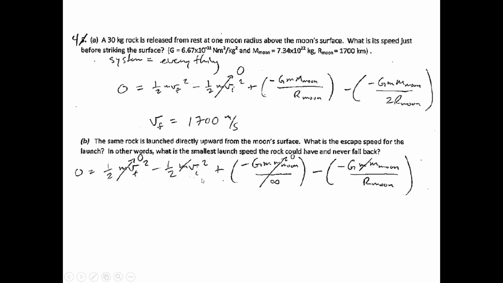And this v initial is what I want to solve for. And now it's just a matter of doing some algebra and keeping track of those minus signs, or simplifying them. And when we do that, we find that if we launch it up with a speed of 2,400 meters per second, it would keep going and going and never fall back. But if we launched it with any slower speed, it would eventually fall back to the surface of the moon.